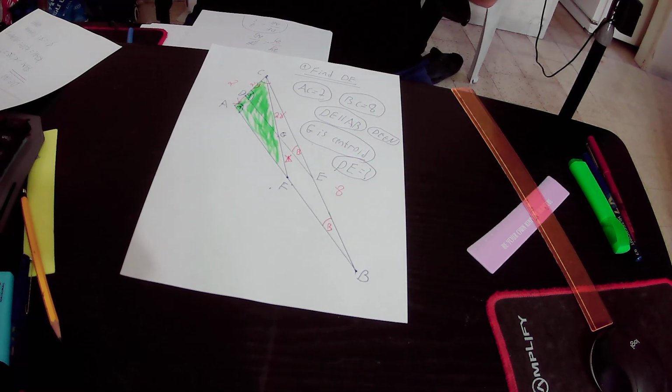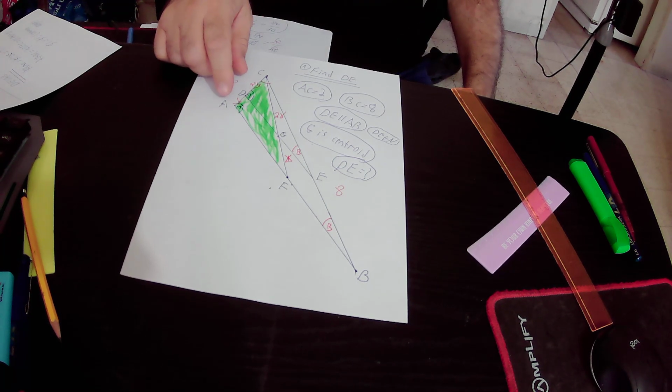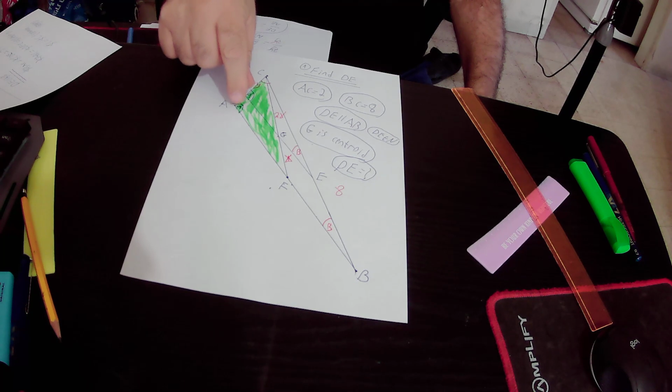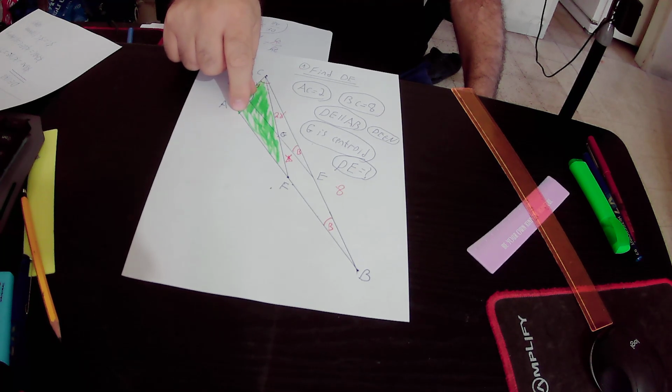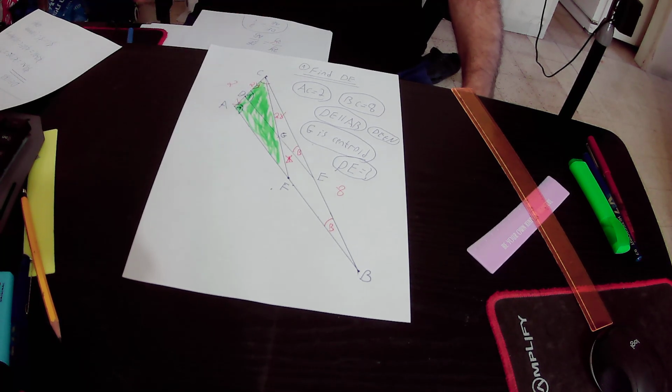So according to rule number 3, the corresponding angles located between the two parallel lines, DE and AB, will be equal to each other.